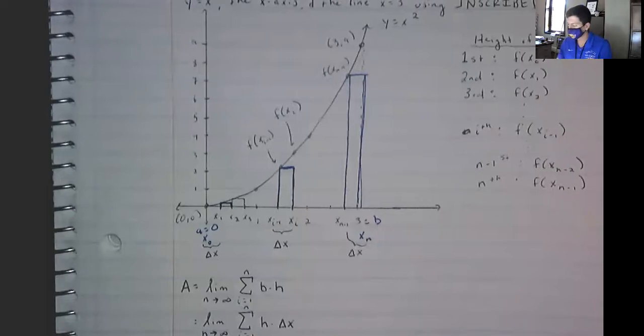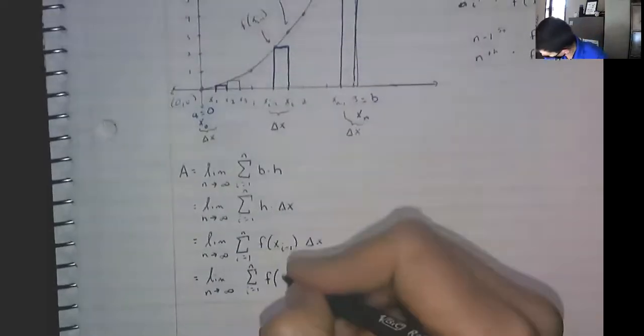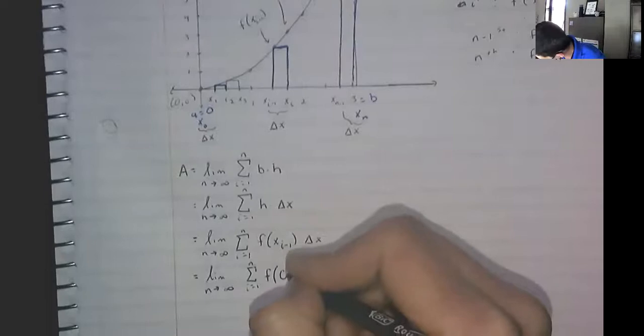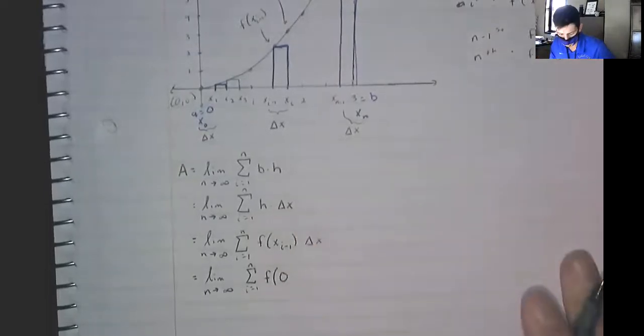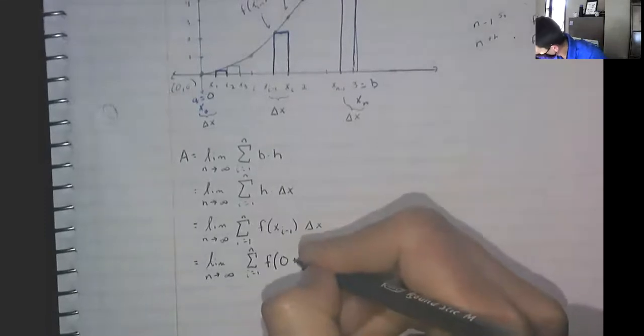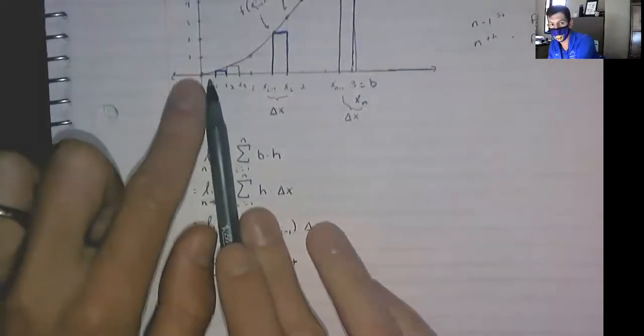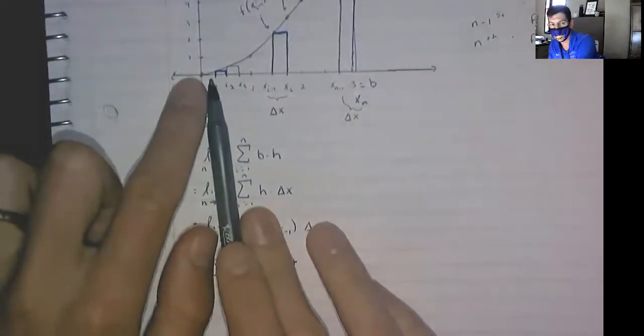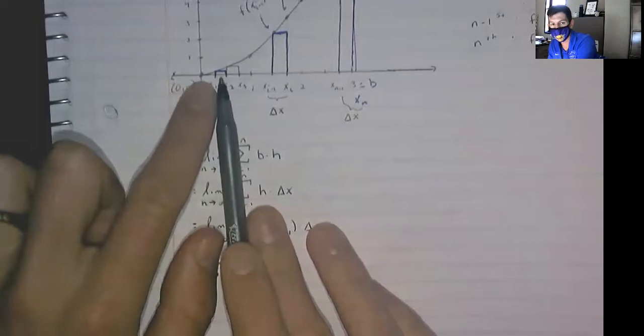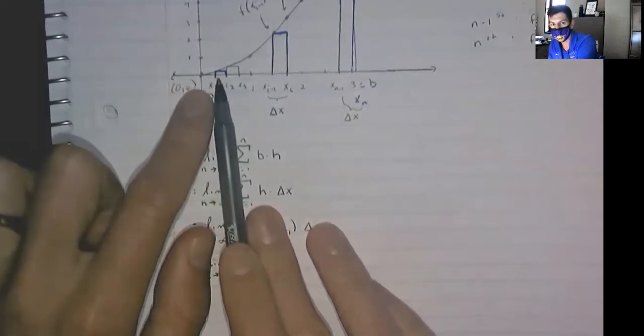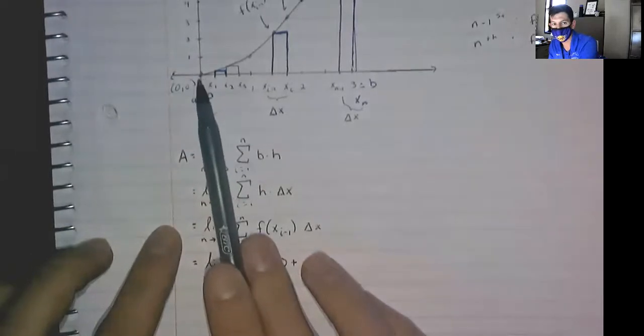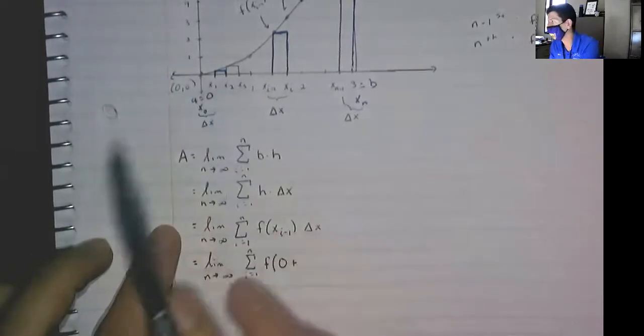Okay. And our very first rectangle, I claimed, was going to have f of 0 as its height. To get to our second rectangle height, what's the difference? How do we move from 0 to x sub 1?